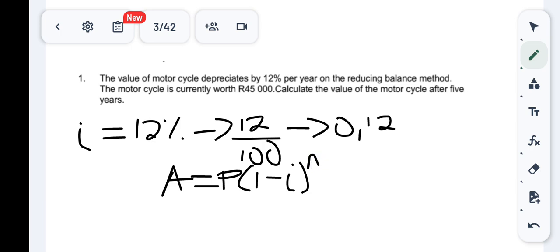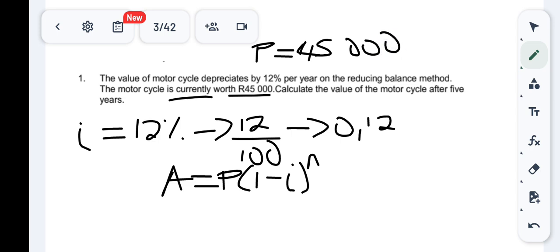The motorcycle is currently worth 45,000. So this is our present amount, and we need to calculate the value of the motorcycle after 5 years. So what are we looking for?